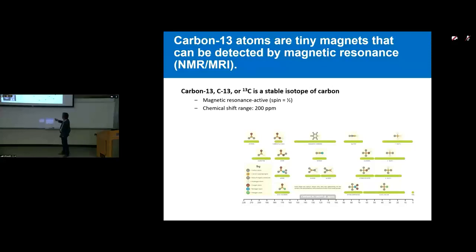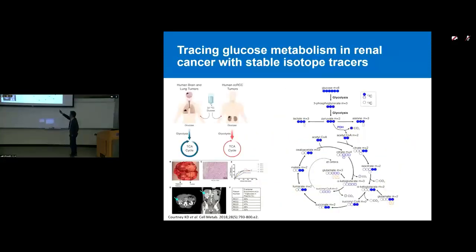We can go back, and again, this is cancer, but we can still use the same diagram. You have glucose going in. In this case, they choose to analyze citrate, how much citrate is being labeled with carbon-13. We can also use glutamate, which is what we do in our lab. But let's say you want to look at the liver biopsy of people with diabetes or fatty liver.